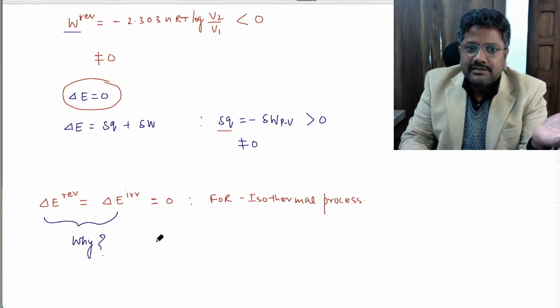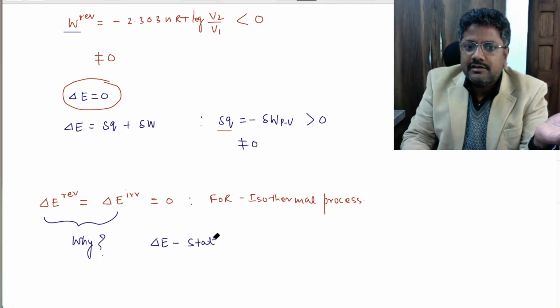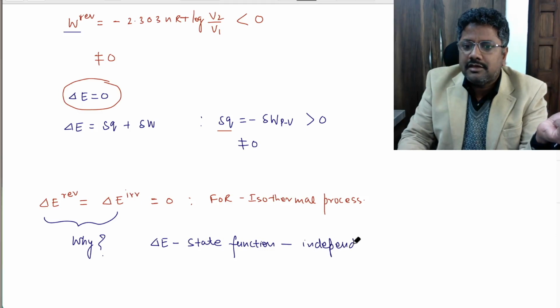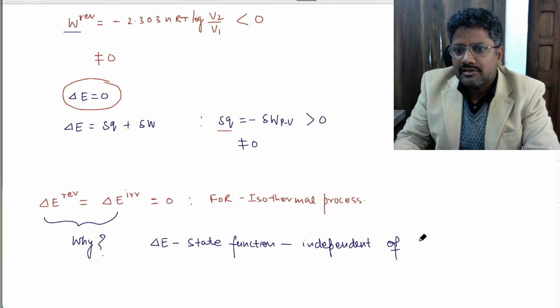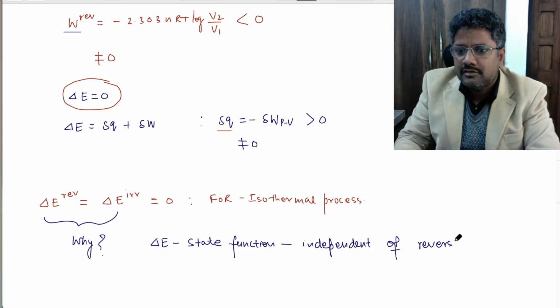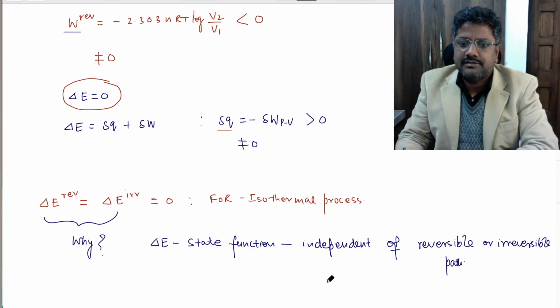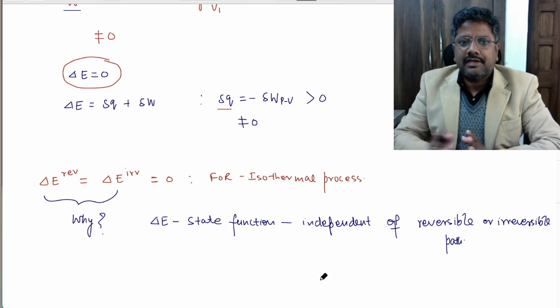The answer is that delta E is a state function, so it is independent of the reversible or irreversible path, right? So you can write this.